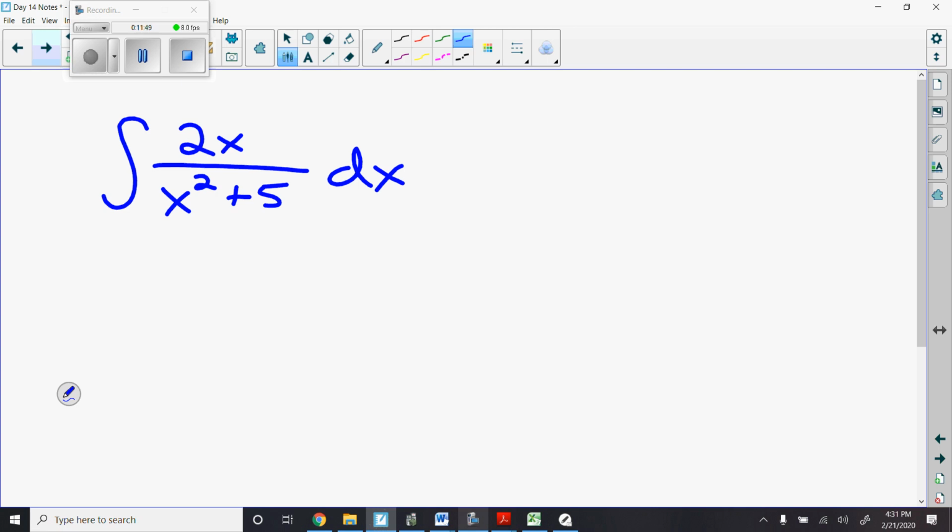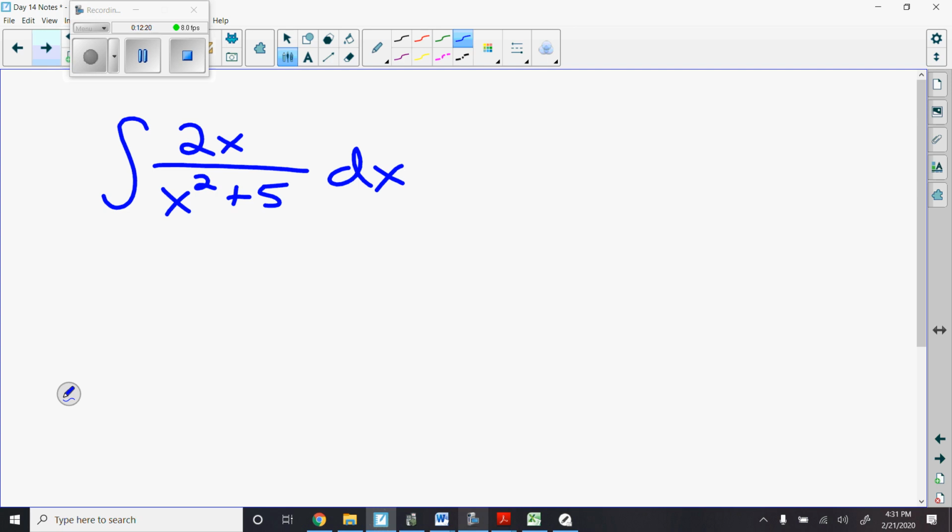This looks like a nasty, tough integral to do: the integral of 2x over x squared plus 5. Yikes. But what I need you to start seeing is this: let's think about that x squared. What's the derivative of x squared? Well, the derivative of x squared is 2x, and notice that 2x shows up in there.